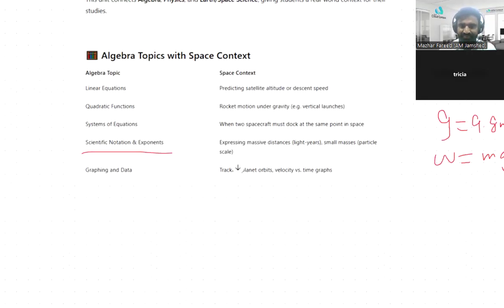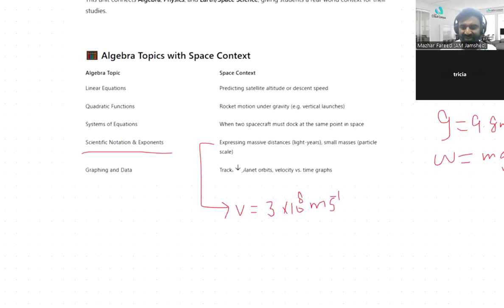The speed of light is 3 multiplied by 10 power 8 meters per second. This is the speed of light.